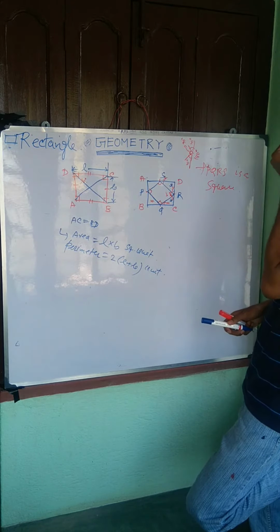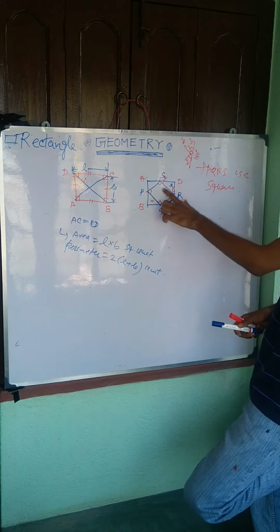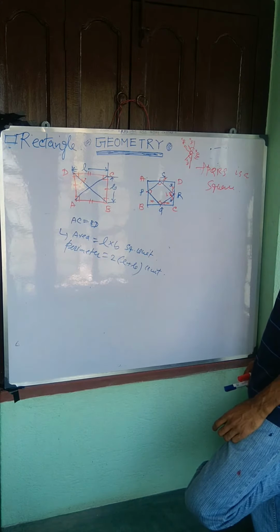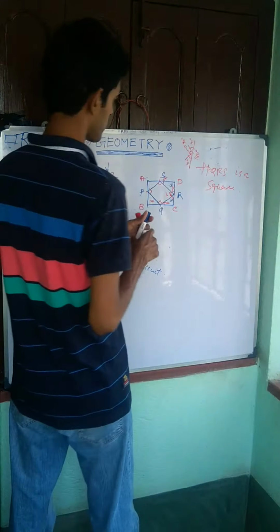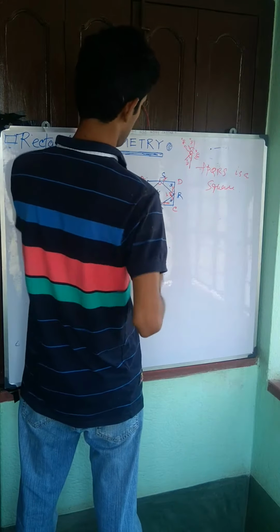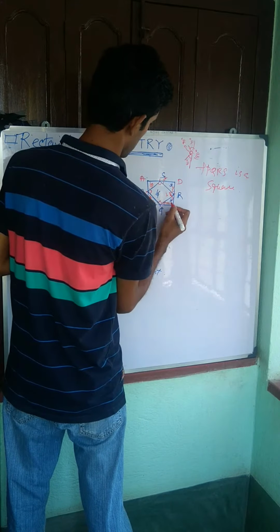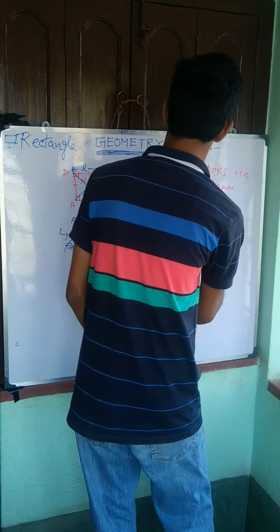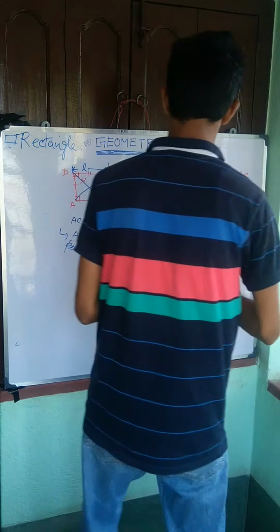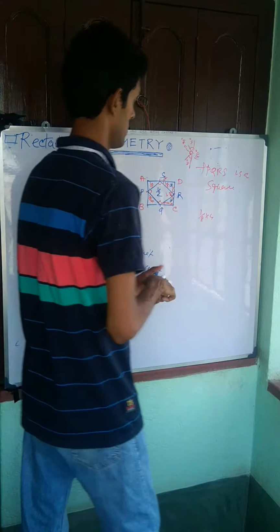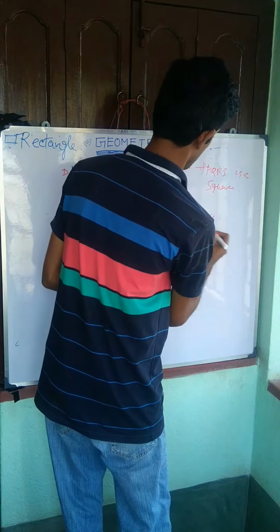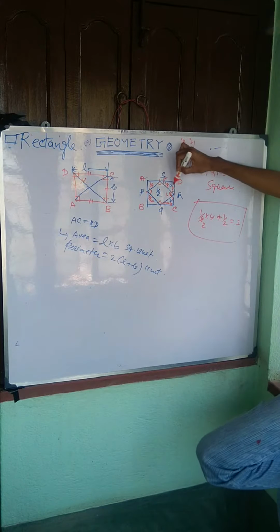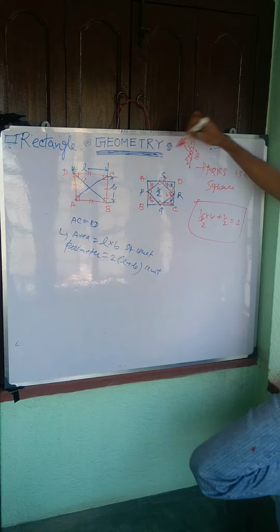It would be 1/4, and all the smaller triangles would be 1/8 each. 1/8 into 4 is, sorry, it would be half. I'm extremely sorry, it would be half. So the smallest four triangles have equal area, 1/8 of the total rectangle each, and the square is half.